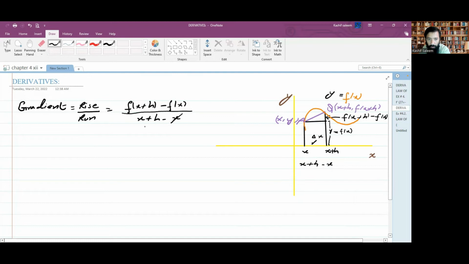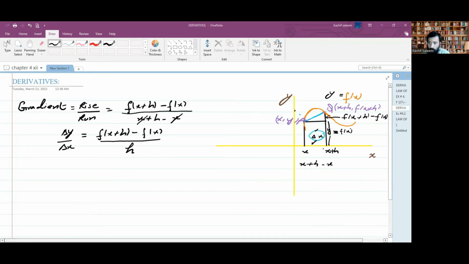If I cancel out x by minus x, we have f of x plus h minus f of x, divided by h. So this is the gradient of the line PQ. That is what we call the average rate of change between the points P and Q of the curve.